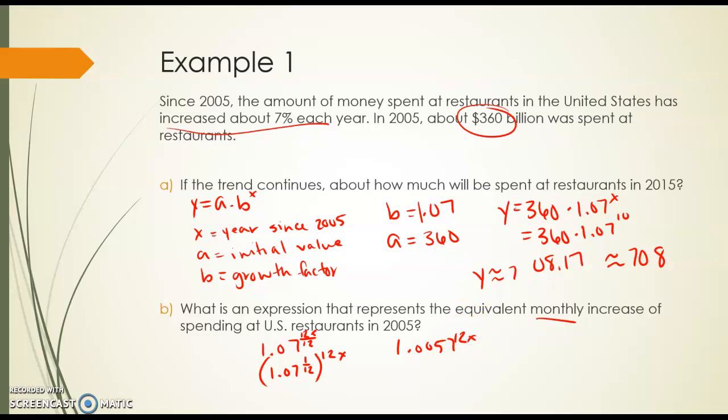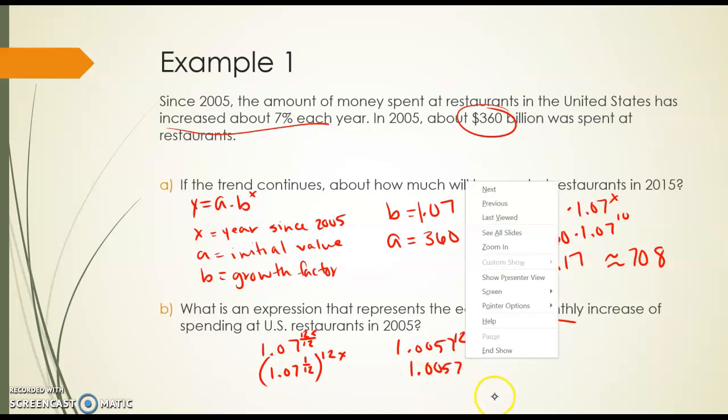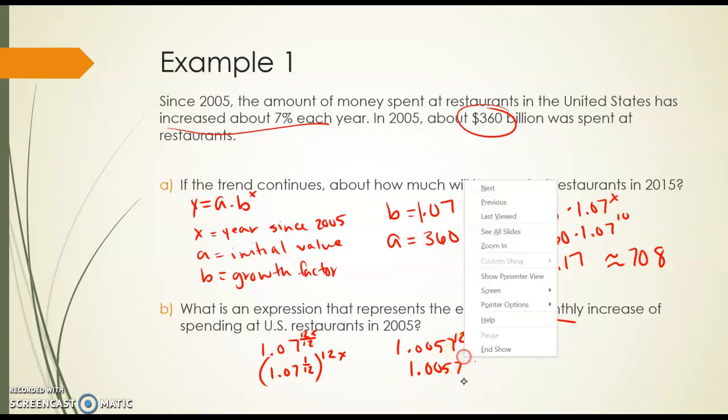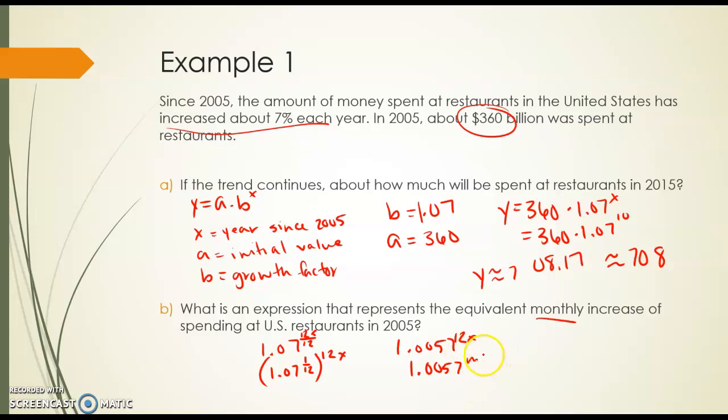And then we simplify, which will give us 1.0057 to the m, because we're changing it from 12x to months, where 12x equals m for months.